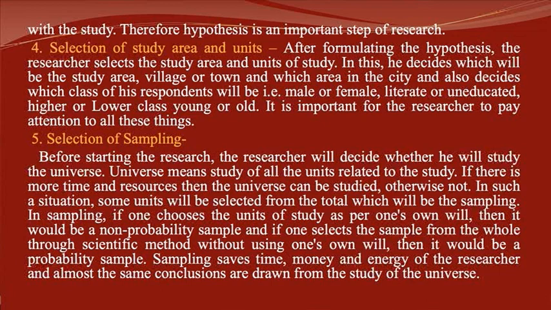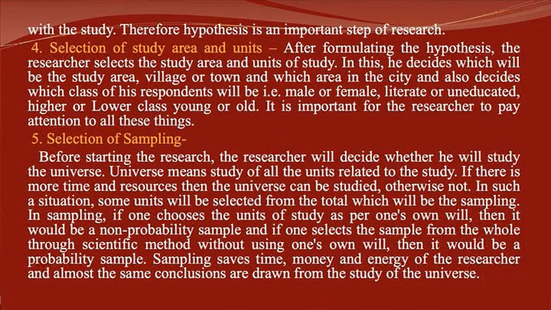If our universe is small in size, then a researcher can study the whole unit, that is universe. If respondents are less in number, then it is quite easy for a researcher to study all the respondents. But if the research area is large in size and a researcher cannot study all the respondents of that universe, then he chooses sampling.